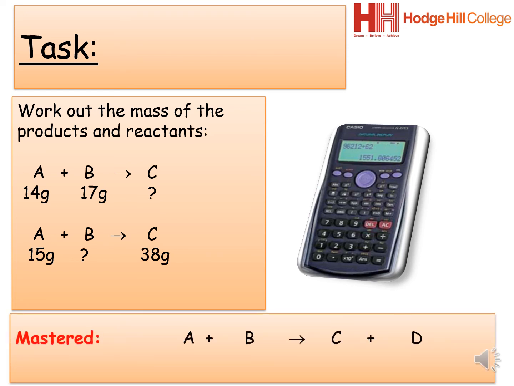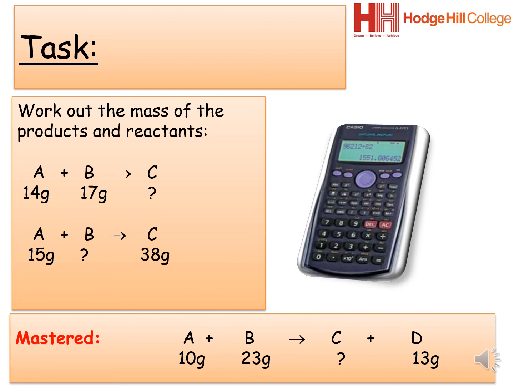Lastly, let's look at another example. So here we have two reactants, which is A plus B, and we also have two products. The same theory applies. The reactants and the products will always weigh the same. No mass is lost or gained. So what we have is A, which is 10 grams, and B, which is 23 grams.